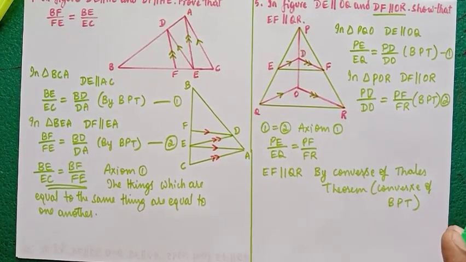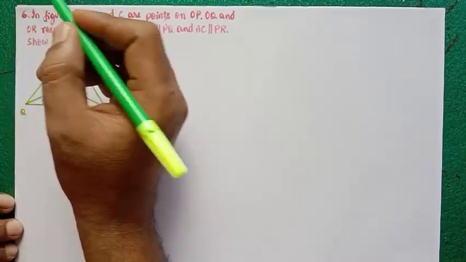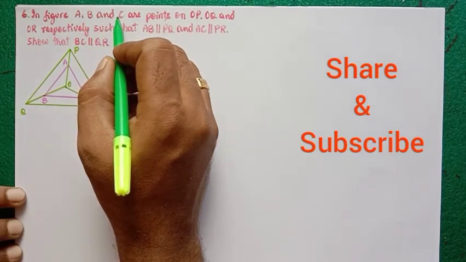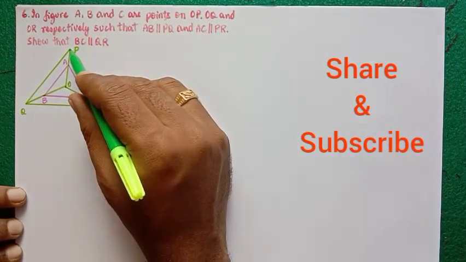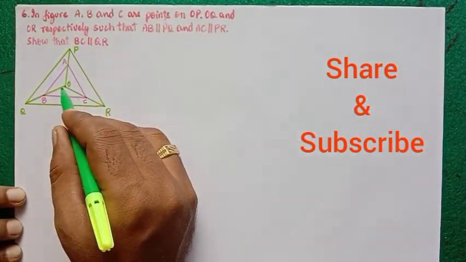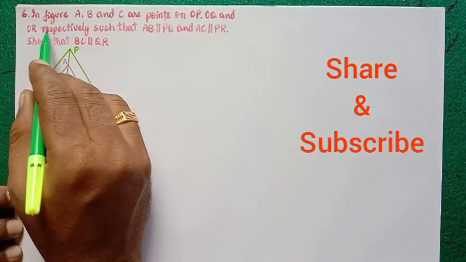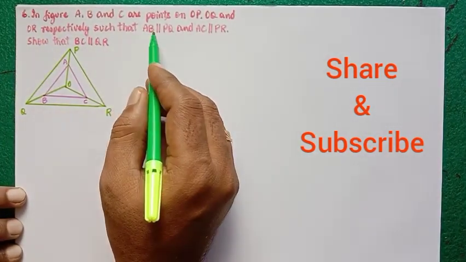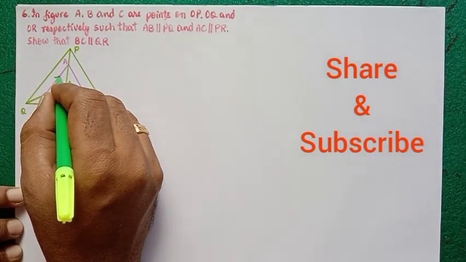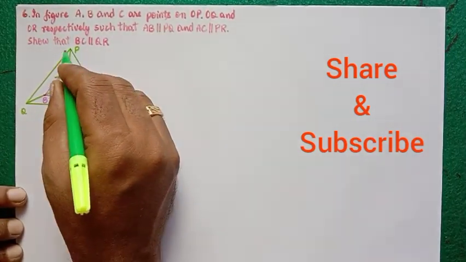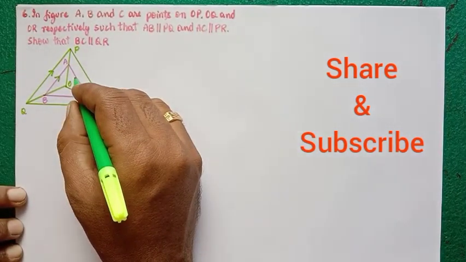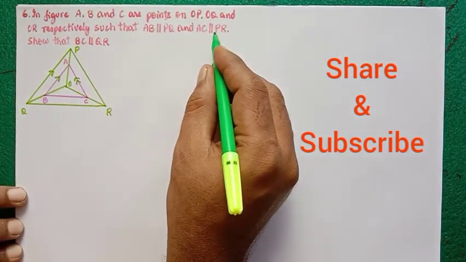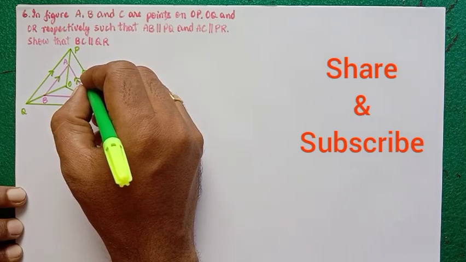Whatever you want, you can state like that. This completes this one. Sixth problem. In figure, A, B and C are points on PO, OQ and OR respectively, such that AB is parallel to PQ, and AC is parallel to PR.